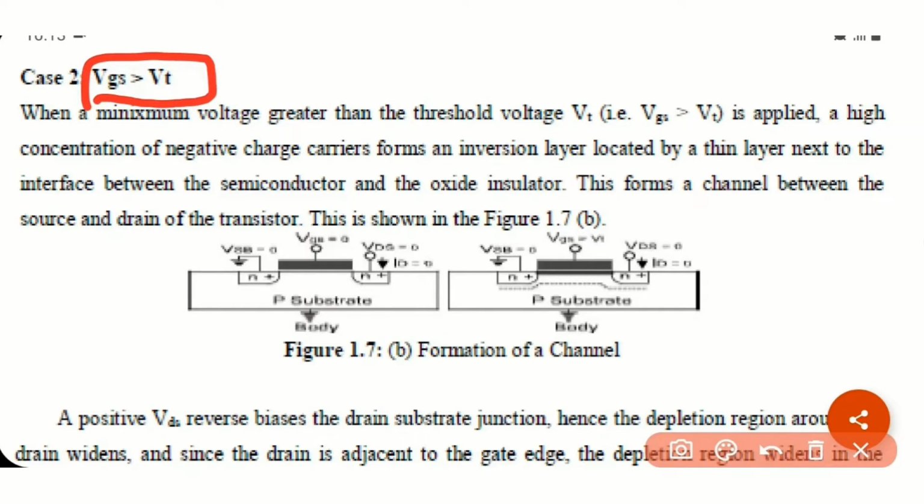So in the second case, the voltage you apply between the gate and the source is greater than your threshold.